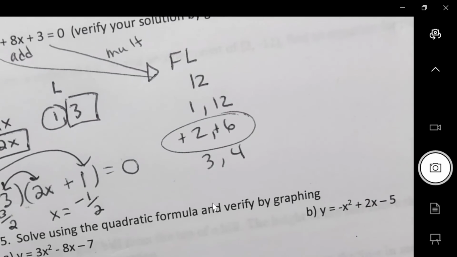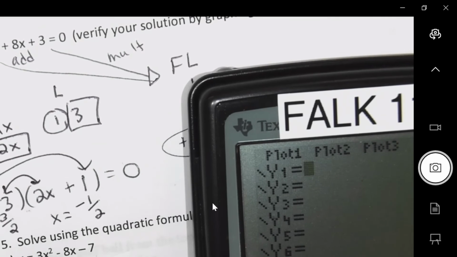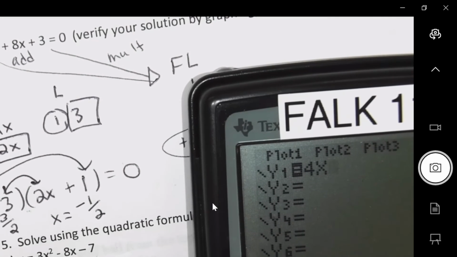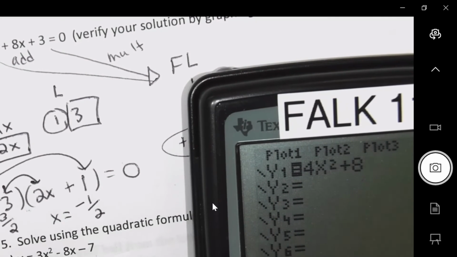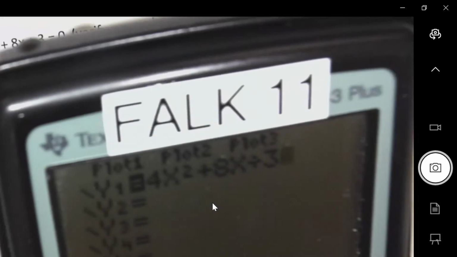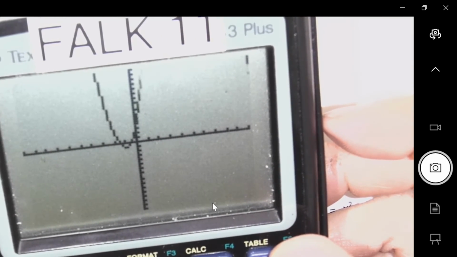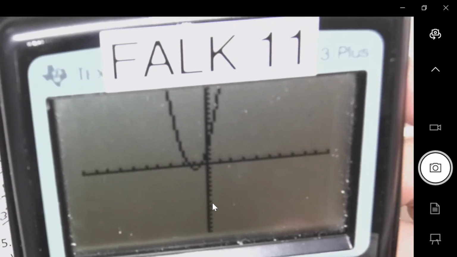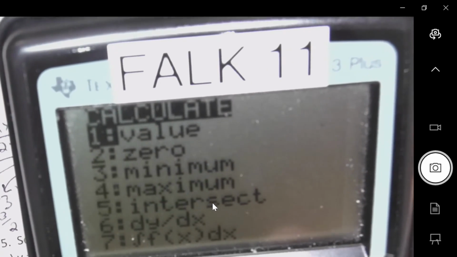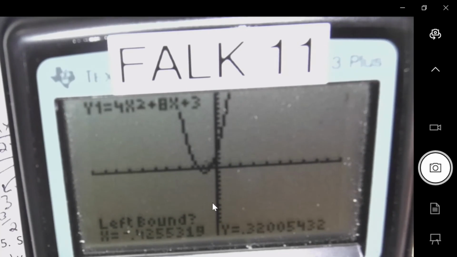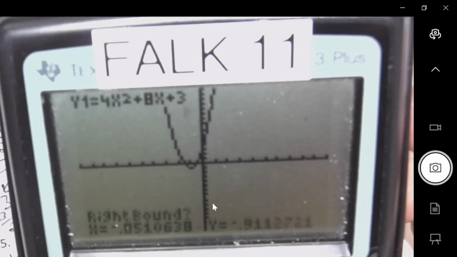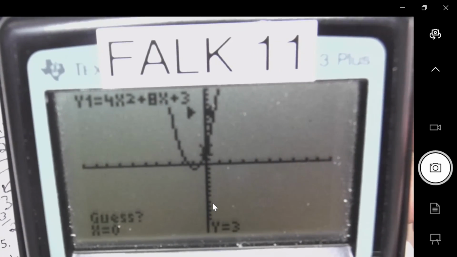Okay, and then now it says verify with graphing. So I'm going to enter the y equals equation here. Graph. Calculate the 0. So I need to go left and right.